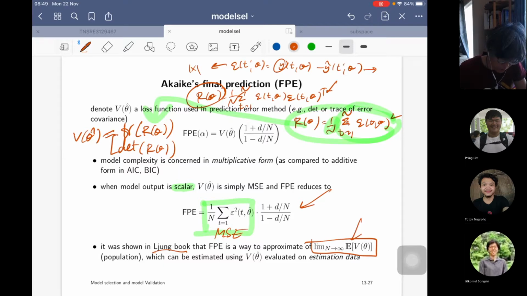This is the population mean, the ensemble mean, in the large sample scenario. The book says FPE is an approximate version of this. It is the estimated version when you use V, the loss function of theta hat, evaluated on the estimation set.